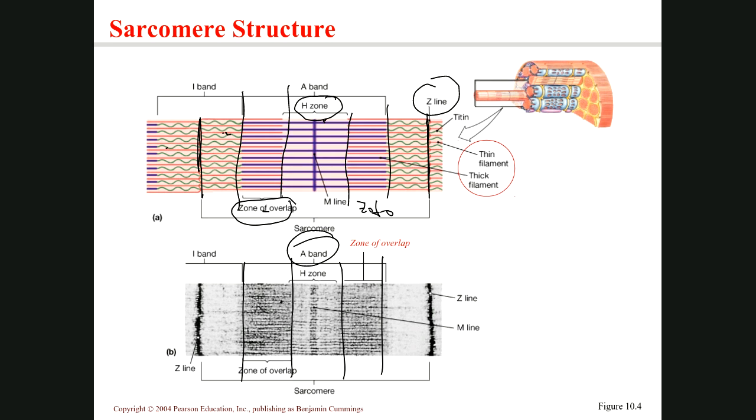I band is essentially one Z disc and two thin filaments from two different sarcomeres. Okay. All right.